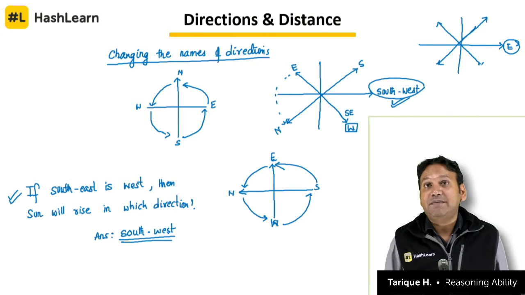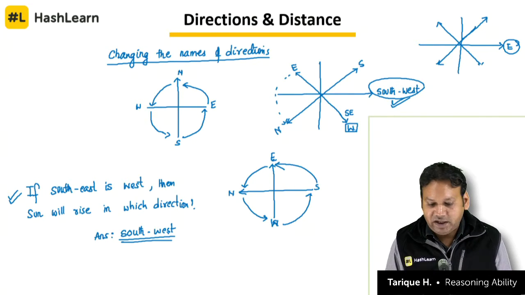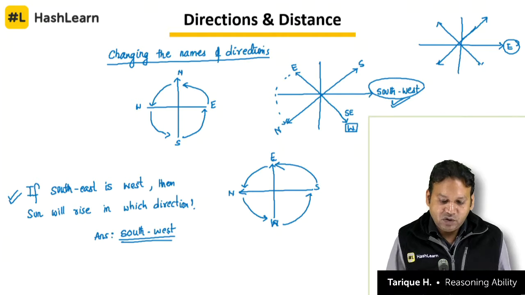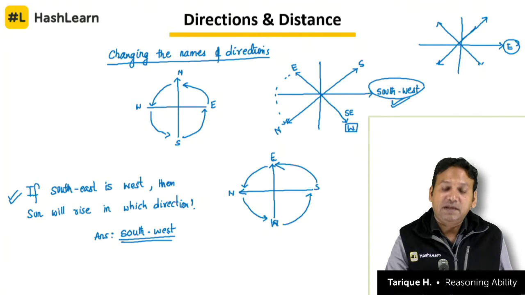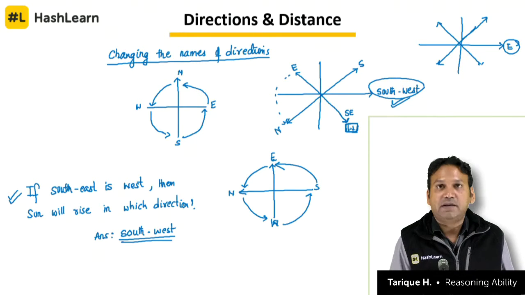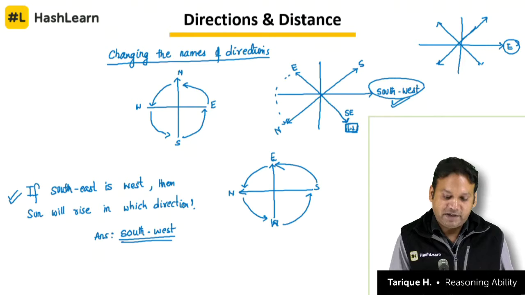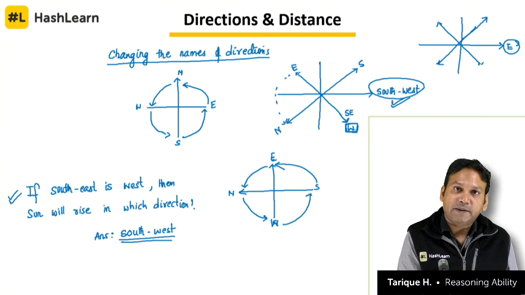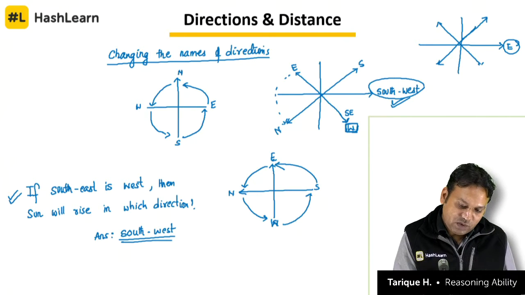It's a tricky question, changing the names of directions, but try to understand how I solved it. First it says southeast is west. So what is our southeast? That I am taking first, and now we are calling this west. Southeast remains southeast, but we are calling it west. What is opposite of west? East. From east, when we go anti-clockwise, what do we get? North. What is opposite north? South.